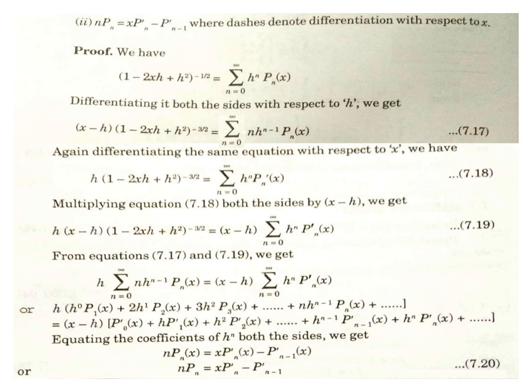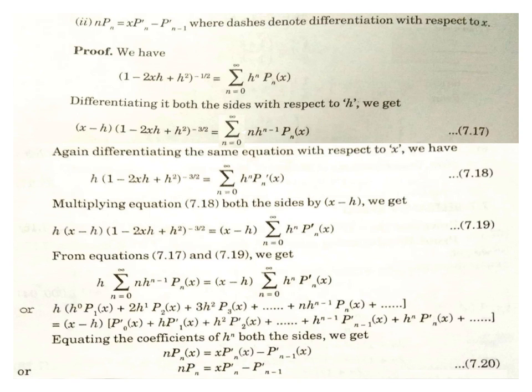The differentiation is written as (x minus h) times (1 minus 2xh plus h squared) to the power minus 3/2, and with that the right hand side is differentiated with respect to h easily. And then we are doing something different in this derivation compared to the first one. Now we are differentiating that same equation with respect to x.